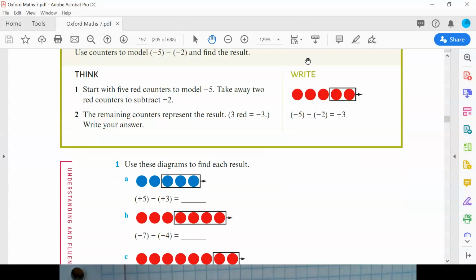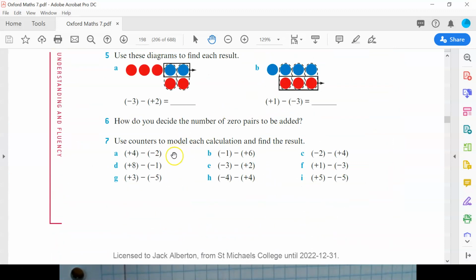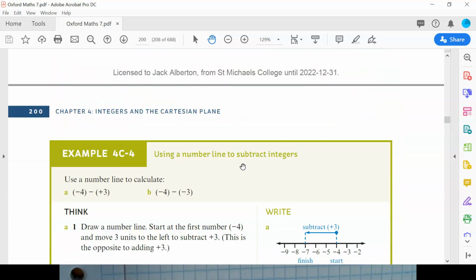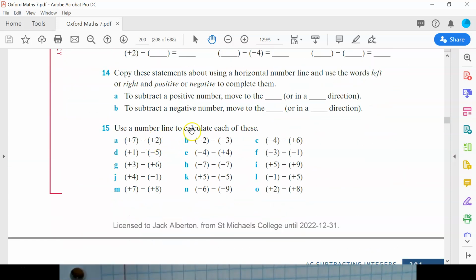What do we have? Let's do, here we go. So use a number line to calculate each of these. We'll do 15a. So 15a is +7 minus +2.